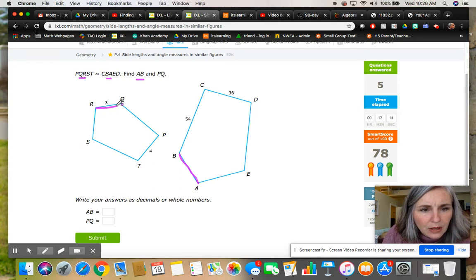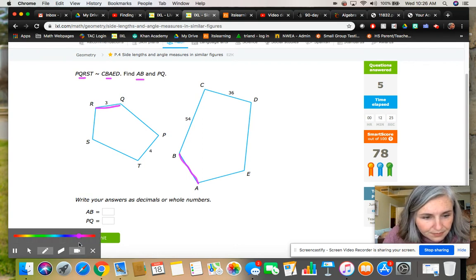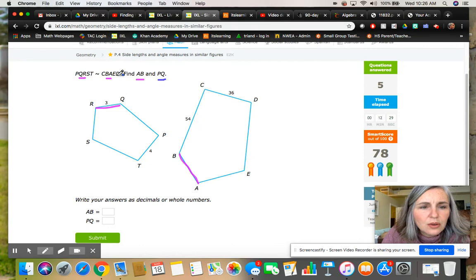But there's going to be some kind of proportion that I need to know in order to be able to figure it out. So hold on. Then PQ, which is this one right here, is going to match CB, this one right here, okay?